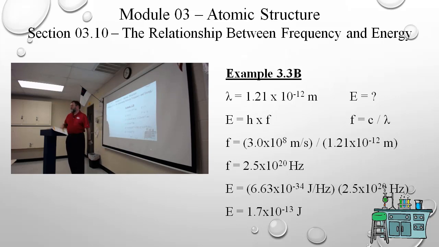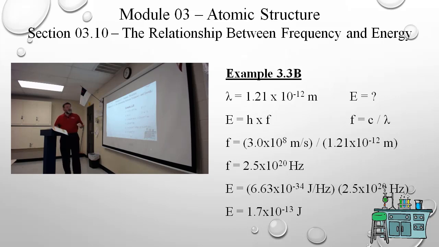So our approximation should have been 10 to the negative 34th plus 20. So 17-ish times 10 to the negative 14 is written as 1.7 times 10 to the negative 13.